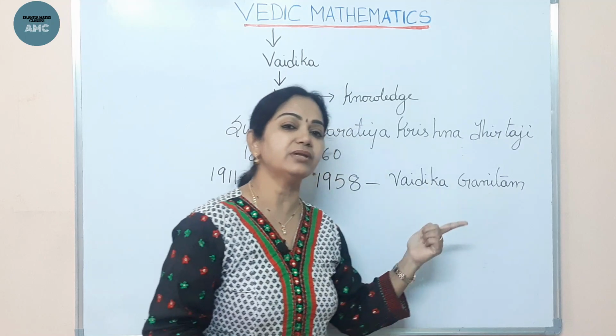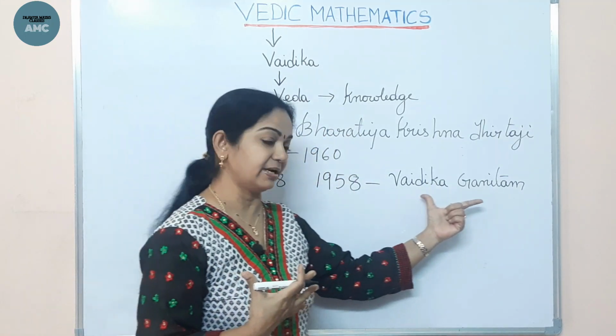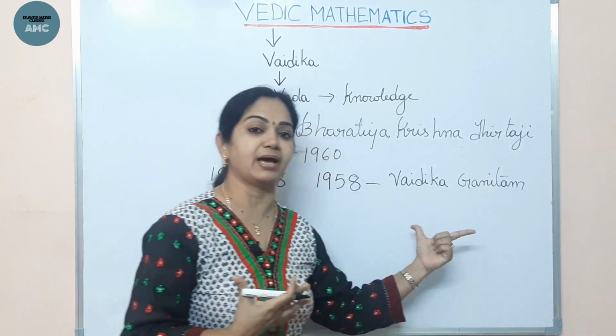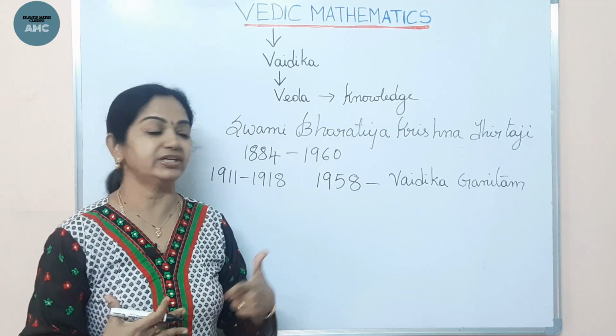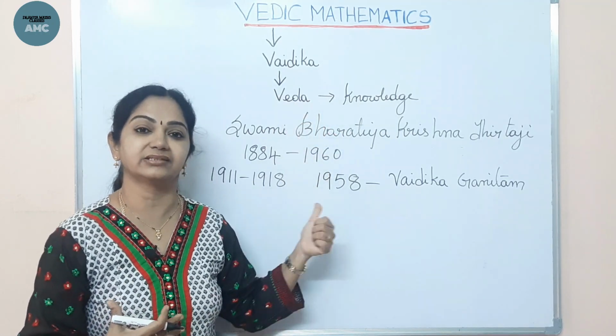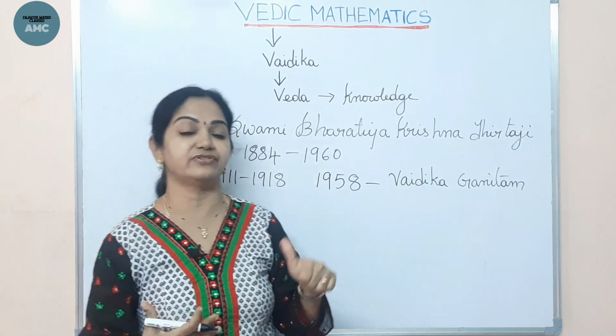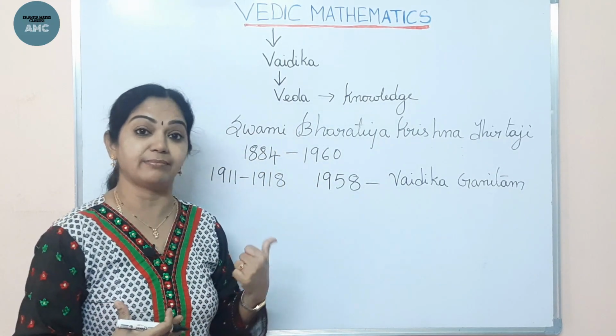It is found that the Swamiji derived this Vedic mathematics by taking reference from the Atharvana Veda, the fourth Veda, wherein we have architecture, economics, science and technology and mathematics.